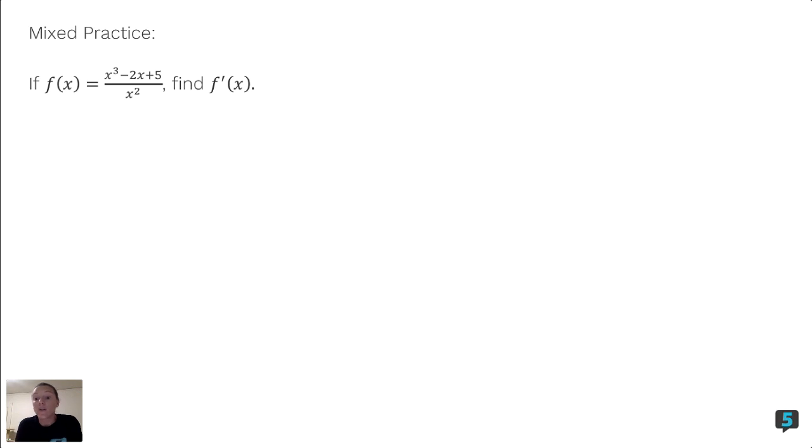Sure, we could, Dylan. We could rewrite x squared as x to the negative 2, and then we'd have two quantities being multiplied, and we could do the product rule. That's another thought. Anybody have any other thoughts?